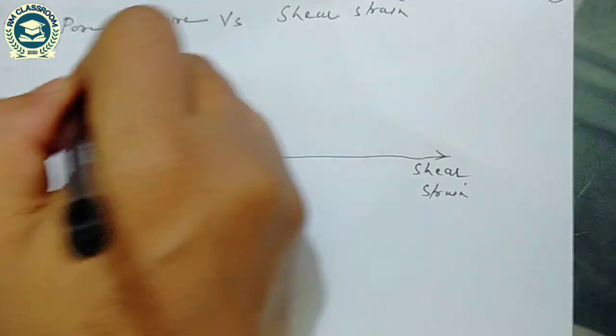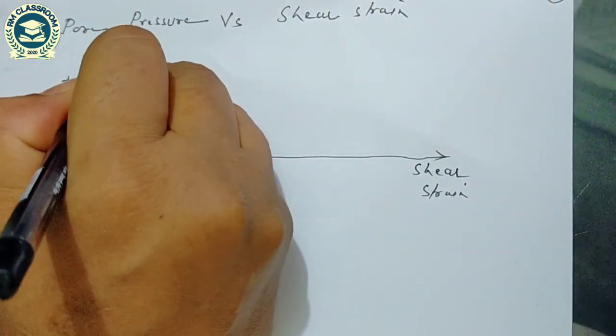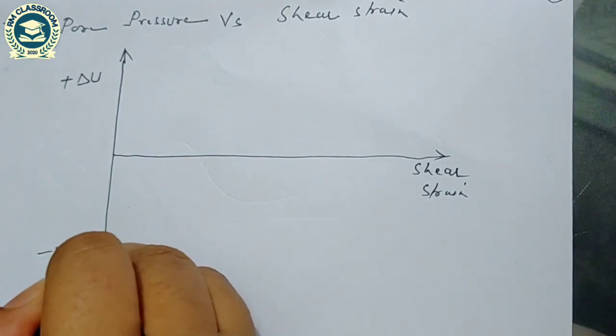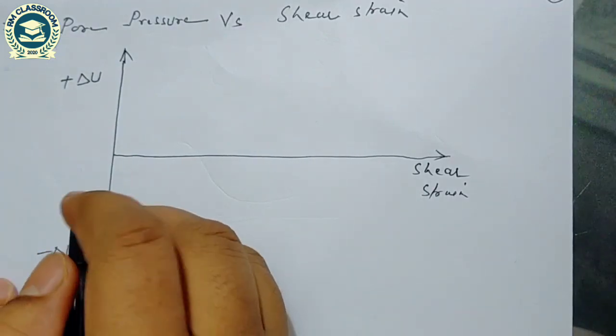This value is the positive change in pore water pressure, delta U, and this is the negative change in pore water pressure.